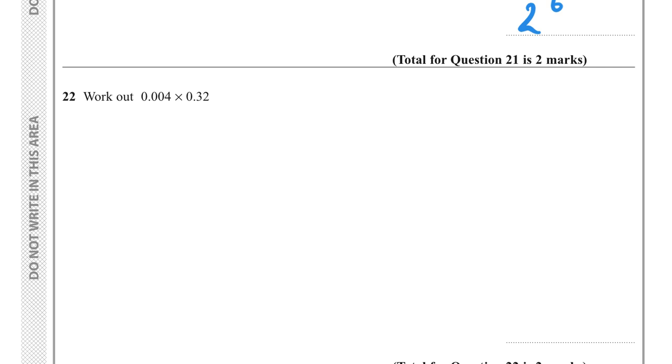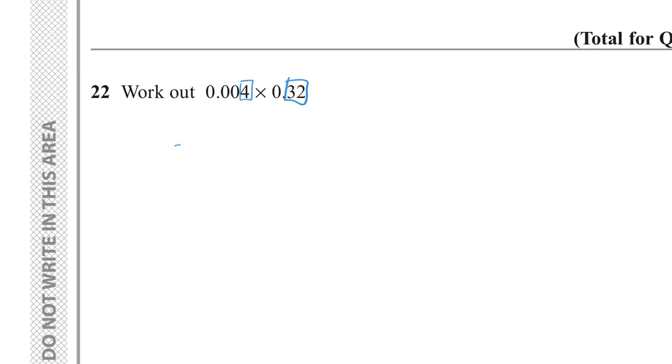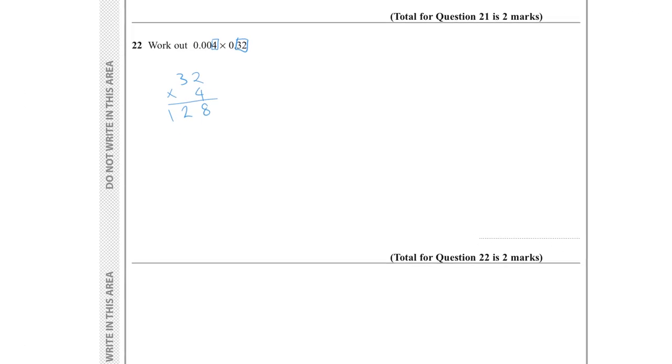That's not so easy because the numbers are so small already. But let's start off by just looking at the non-zero parts and just timesing them to get an idea of what our number's going to look like. So 32 times 4, 2 times 4 is 8, 3 times 4 is 12. So it's going to be 128 in there somewhere.